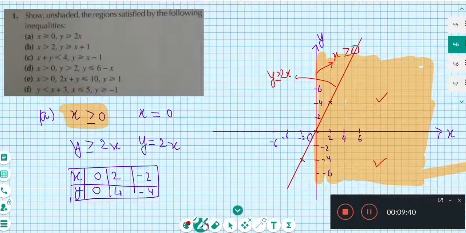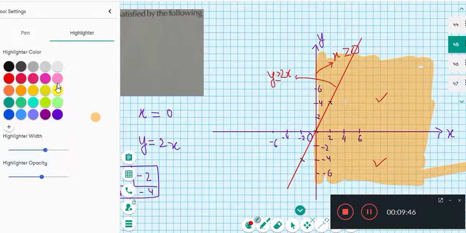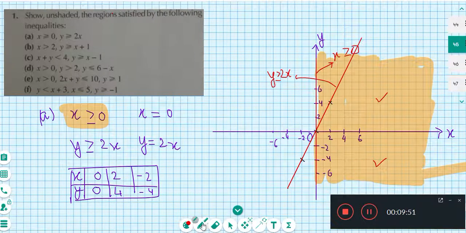I'm going to show the region with the pink color. Above means here, above this line, or below this line means here. So we have to shade the above region, this one.